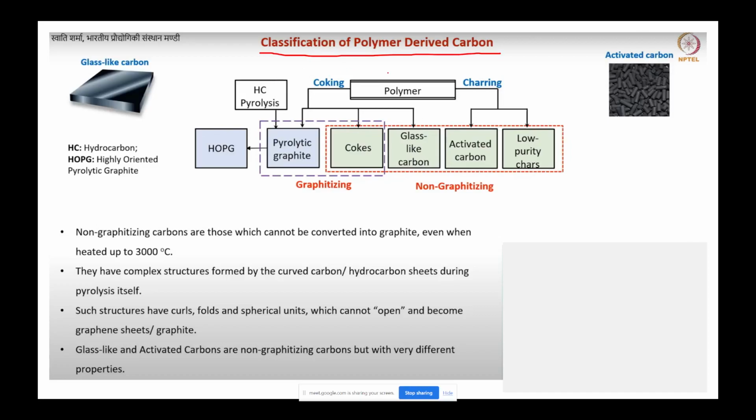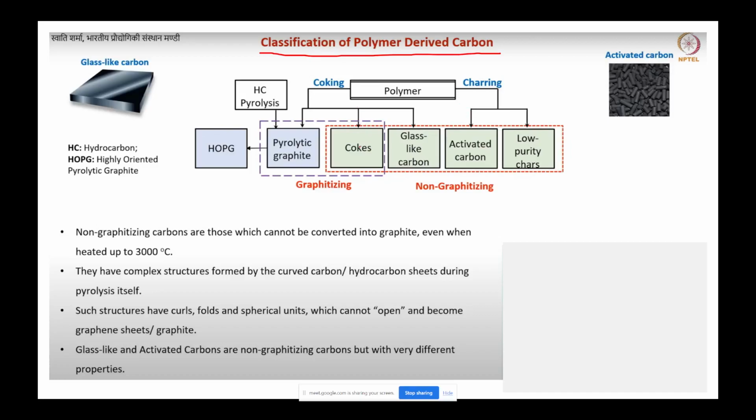And then polymer. In polymer we obtain two processes, coking and charring, which we will discuss in later slides. When you do this coking, you form pyrolytic graphite, cokes, glass-like carbons, activated carbon, low purity carbons.